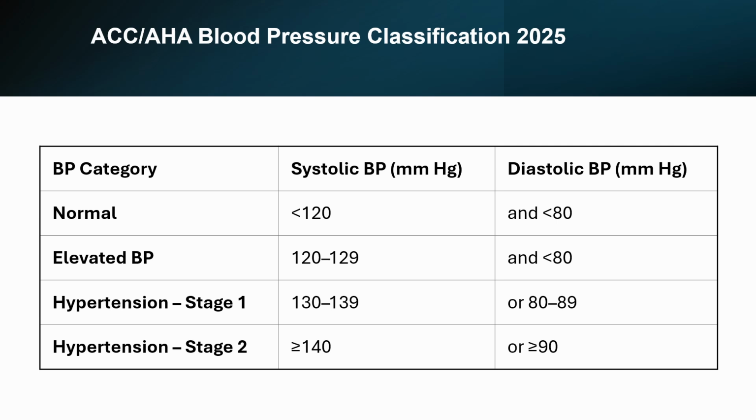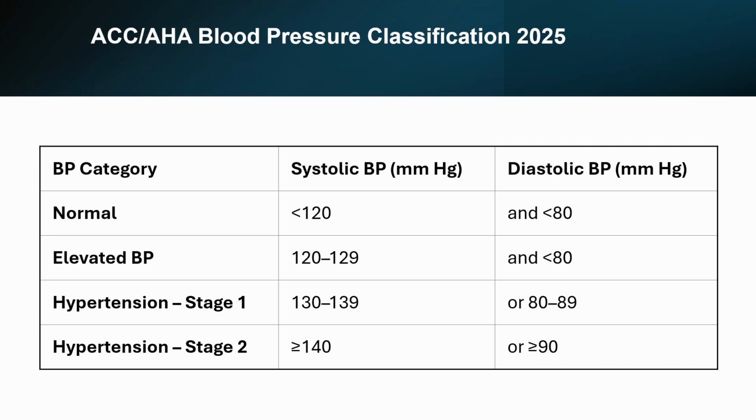The American College of Cardiology and the American Heart Association's definitions for blood pressure readings are listed below. Normal blood pressure is less than 120 over 80. Elevated blood pressure is defined as systolic from 120 to 129, while diastolic remains normal. Stage 1 hypertension is defined as a systolic reading of 130 to 139, or diastolic reading of 80 to 89.